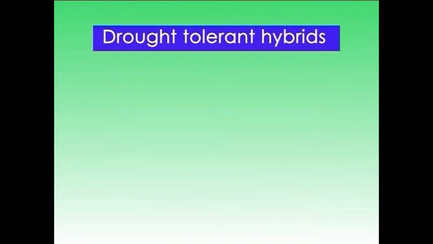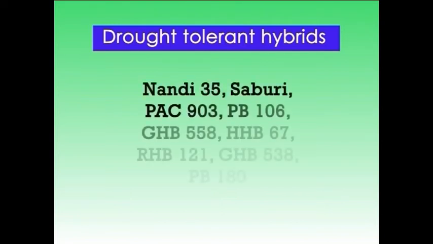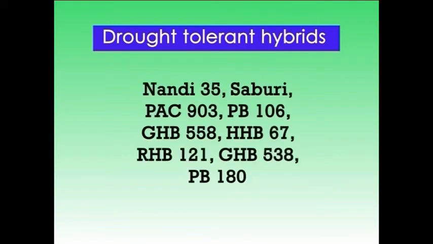Some of the most important drought-tolerant hybrids include Nandi 35, Saburi, PAC 903, PB 106, GHB 558, HHB 67, RHB 121, GHB 538, PB 180.